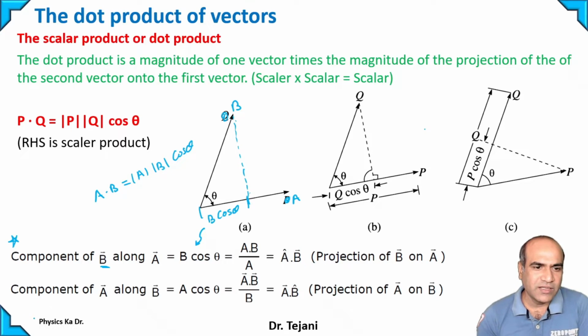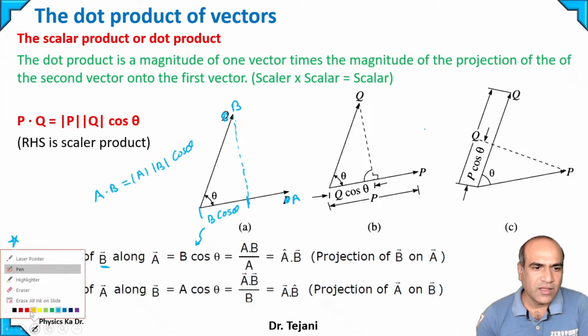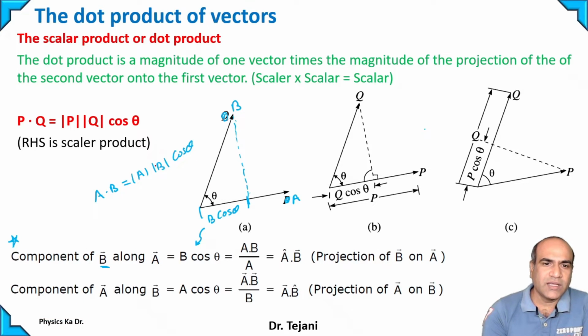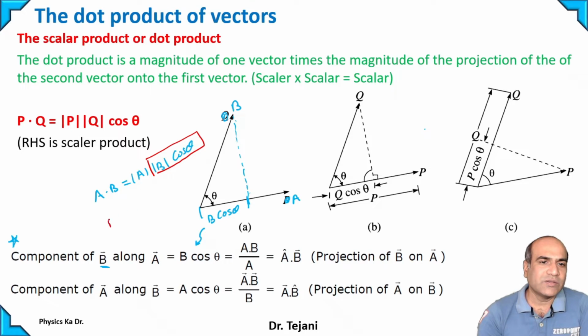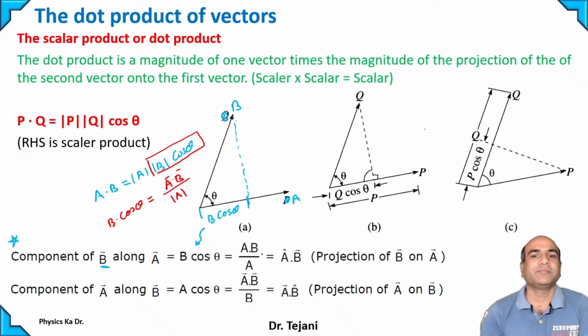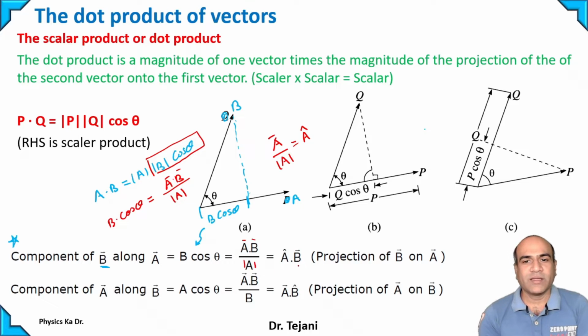If you take B cos theta on a single side, B cos theta is equal to A dot B vector divided by mod A. And we know that A vector divided by its mod gives us the unit vector.